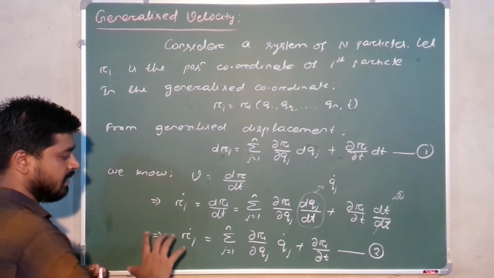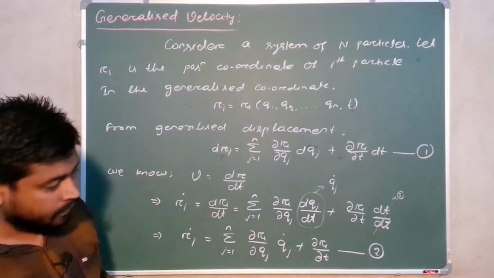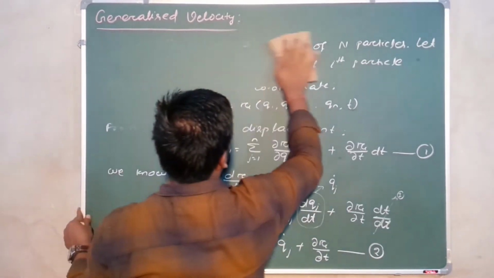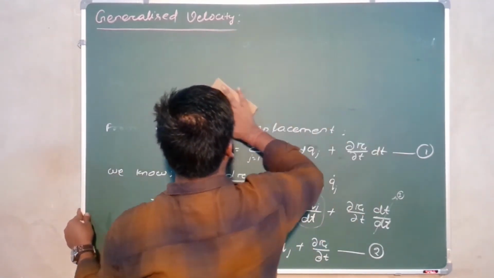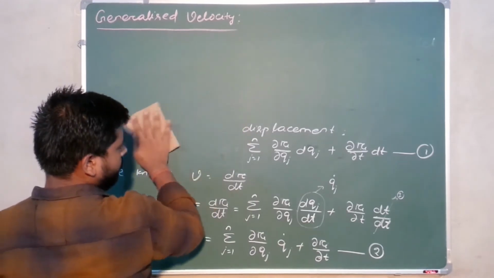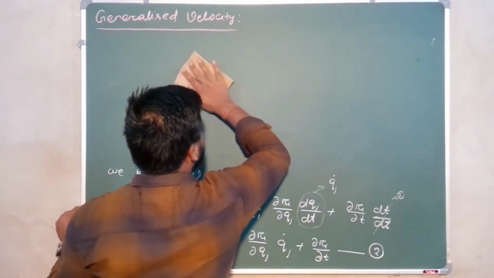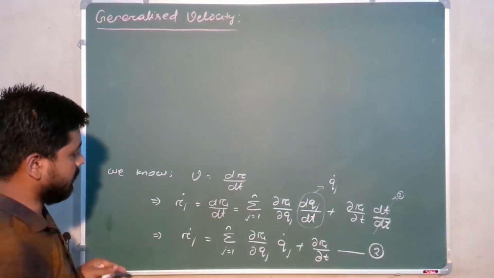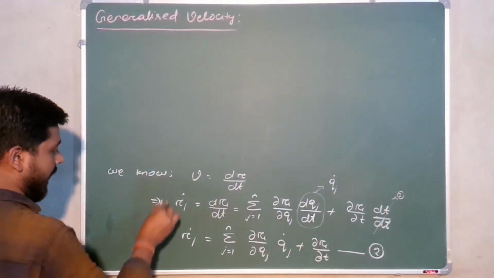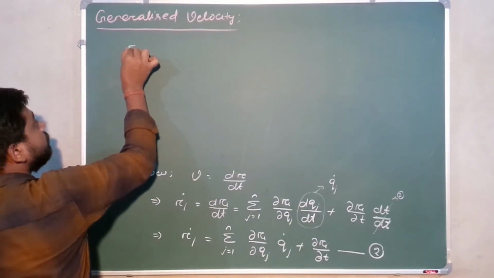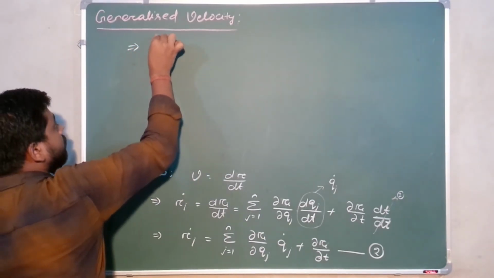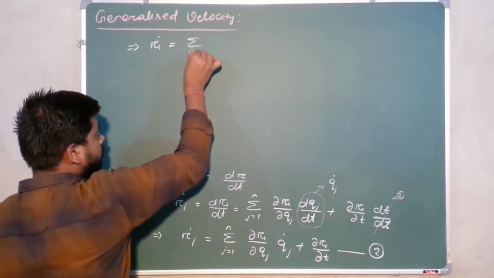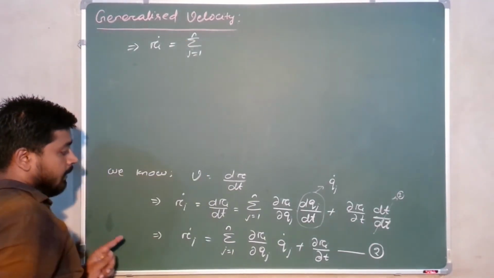Now simplify equation 2. Ri dot can be written as summation over j equal to 1 to n of aij Qj dot plus dou Ri by dou t, where aij equal to dou Ri by dou Qj.